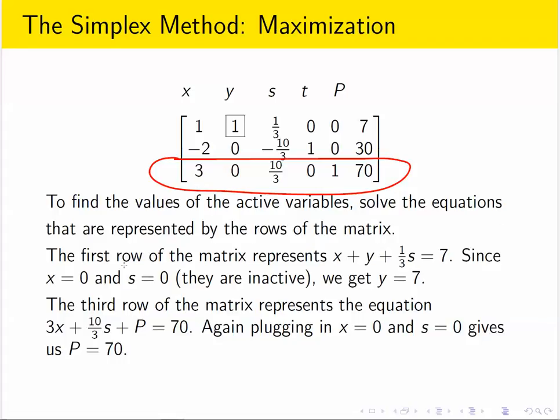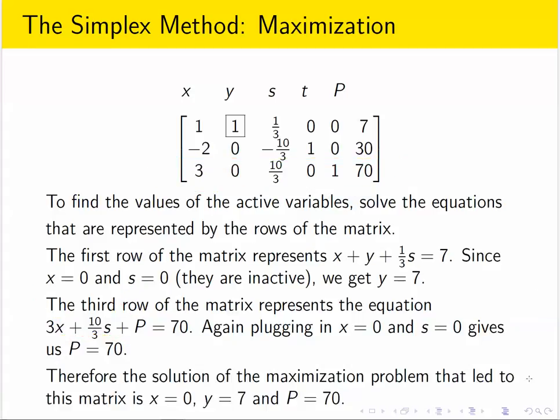This row represents the equation 3x plus 0y plus 10/3 s plus 0t plus 1p equals 70. And if we again plug in 0 for each of the inactive variables, we end up with the simpler equation p equals 70.